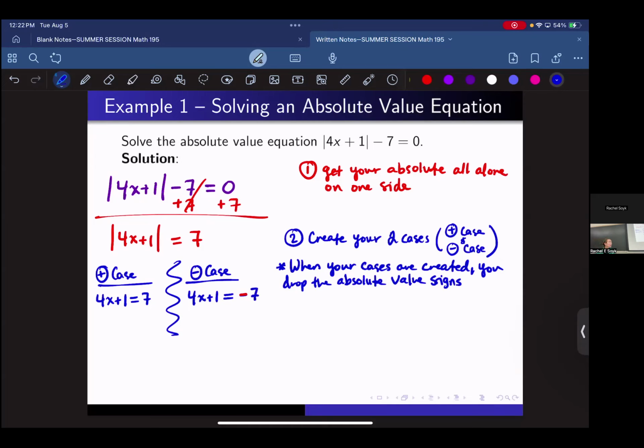And then from there, you're just solving a linear equation in this case. So solve for your potential values of x.